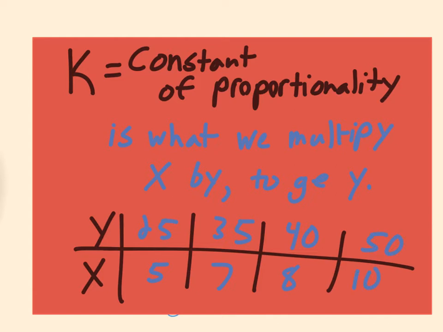What am I doing to x to get to y? Times 5. Every time I'm multiplying the x by 5 to get my y. Okay? So x times 5 equals y, so k equals 5. Make sense?